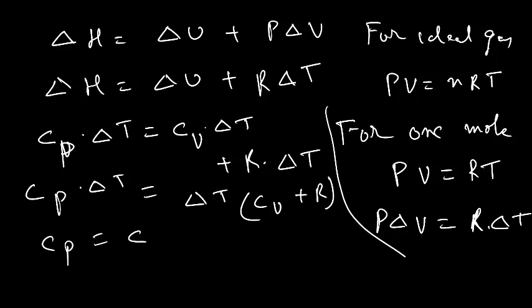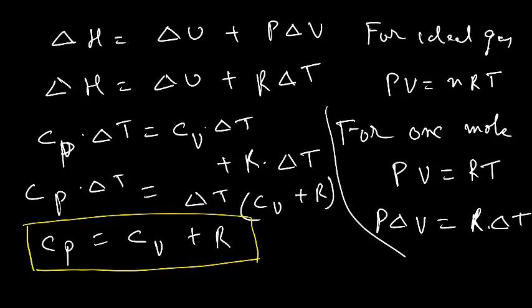Cp equal to Cv plus R. So this is the relation between Cp and Cv, that is heat capacity at constant pressure and heat capacity at constant volume: Cp equal to Cv plus R. The value of Cv depends on the degrees of freedom.